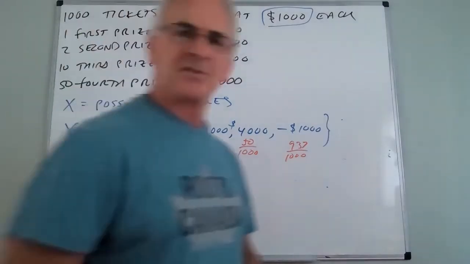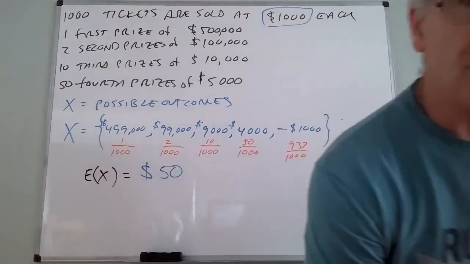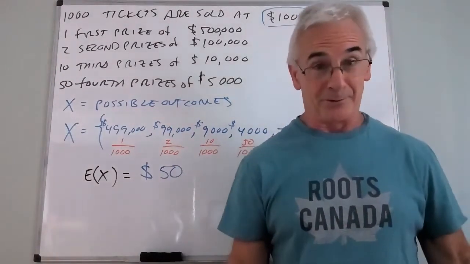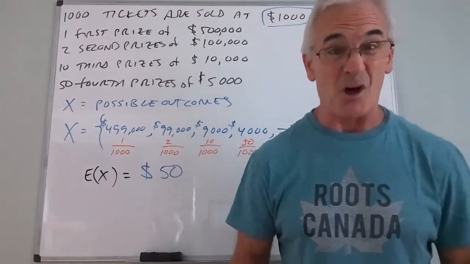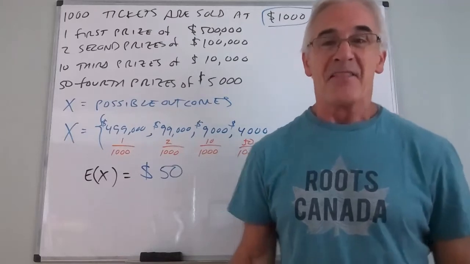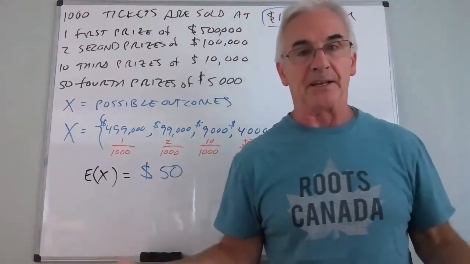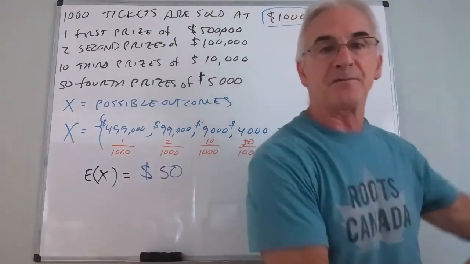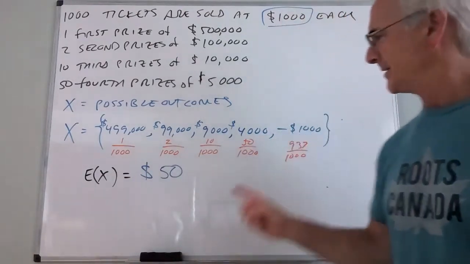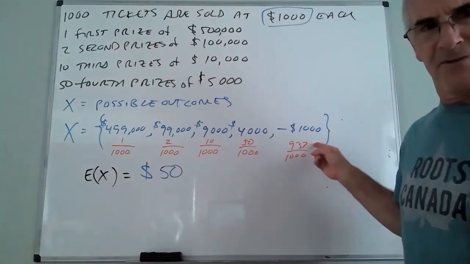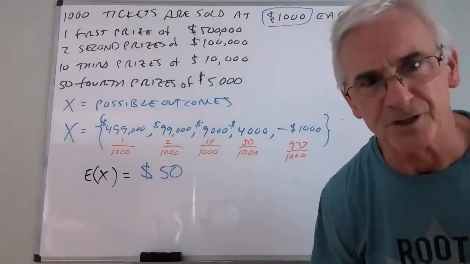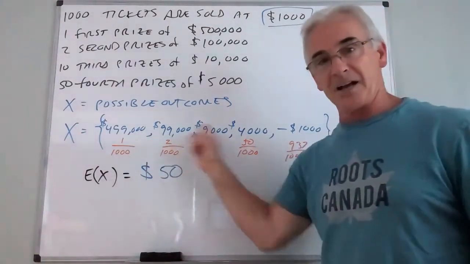So what does this mean in simple English? First of all, this is the most generous raffle ever because they just lost a lot of money. That means the average person, of everybody who bought the raffle ticket, comes out of this $50 richer. But if you're one of the 937, you're saying, I didn't come out richer. No, but if you're any of these guys, you're saying, yeah.